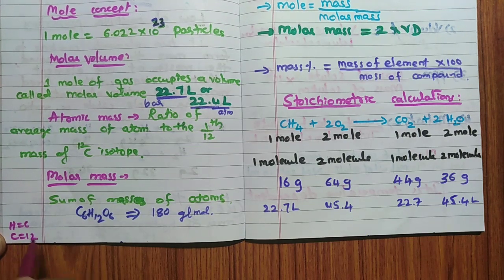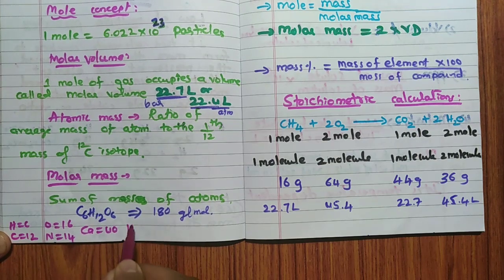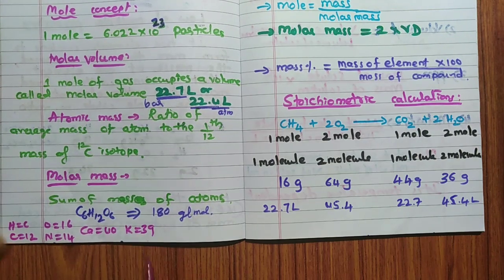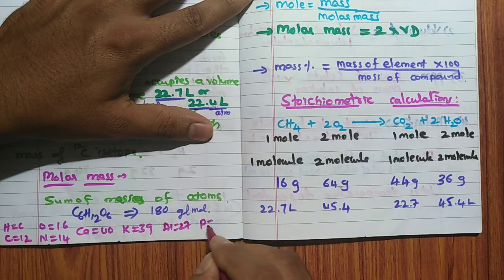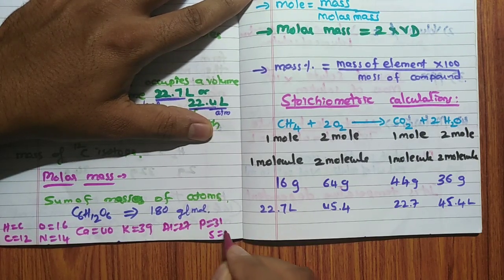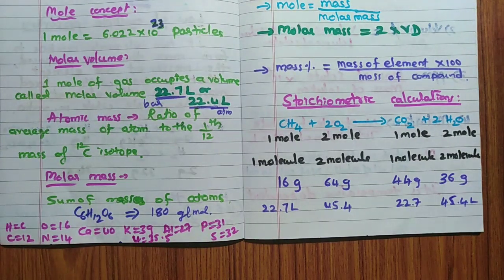Carbon is equal to 12. Oxygen is 16. Nitrogen is 14. Calcium is 40. Potassium is 39. Aluminium is 27. Phosphorus is 31. Sulfur is 32. Chlorine is 35.5. I hope these are not too many things to remember.